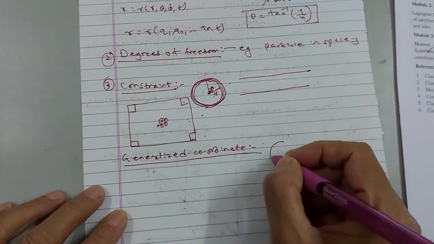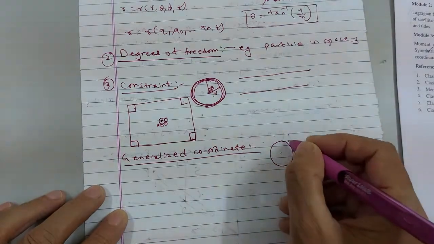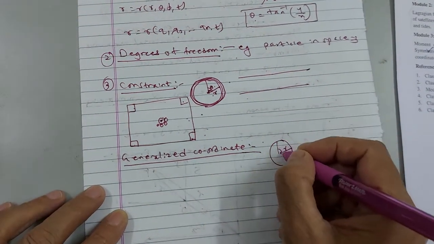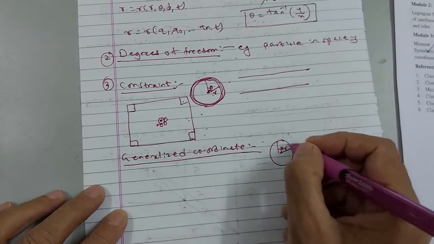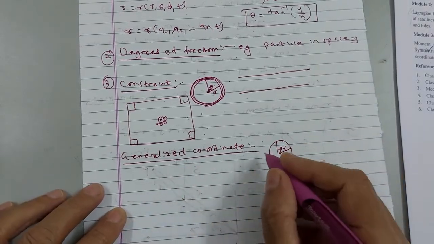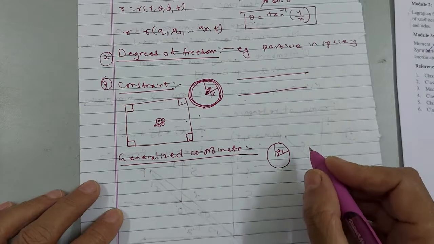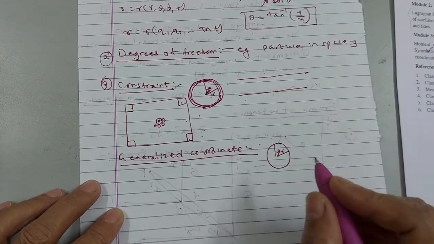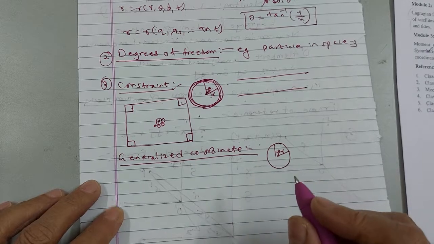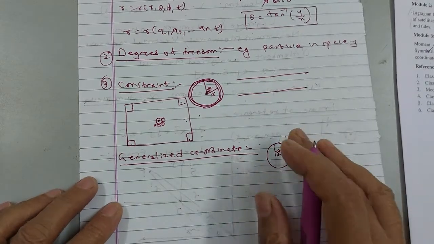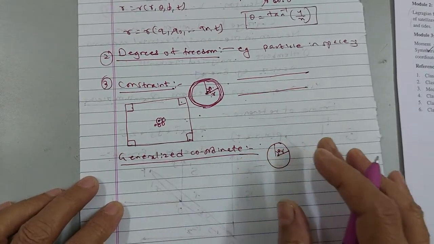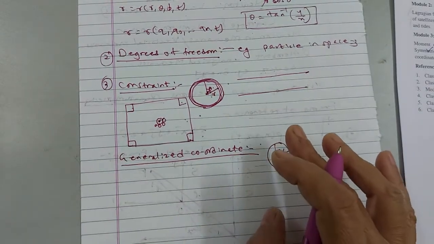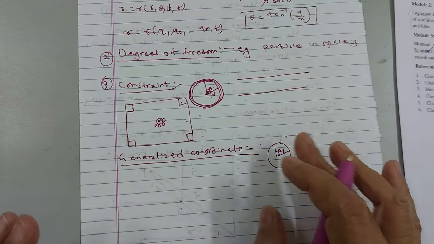Instead of moving along the circumference of a circle, there will be two coordinates, r and theta, but as r is fixed, only theta is sufficient for me to describe the position of a particle. So this is the way I can say the generalized coordinate: r is constant, so only theta is sufficient to describe the position of the particle.